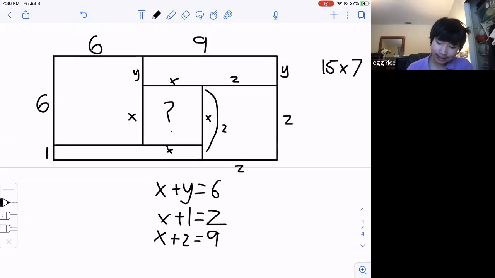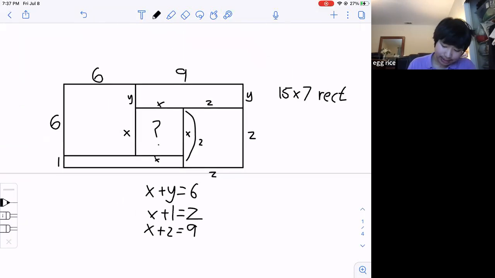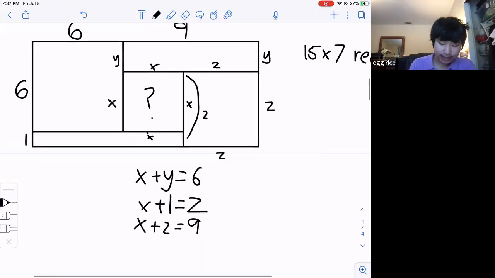Has anyone here learned these kinds of equations, these algebraic ideas? That's okay. Because what we are basically saying is that all of these values are interrelated.